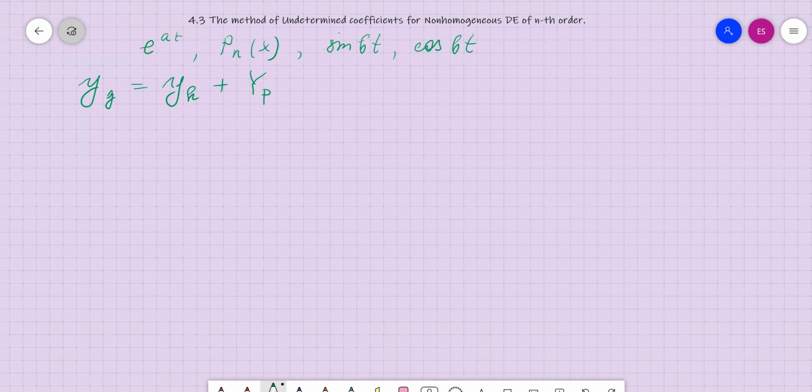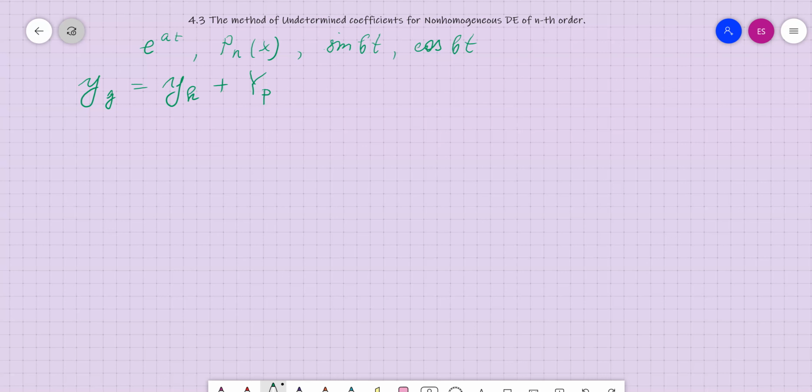Basically, we already know how to deal with the homogeneous solution. We just need to learn how to deal with a particular solution. And again, mostly the rules are the same. There are some little features which I want to consider, okay?